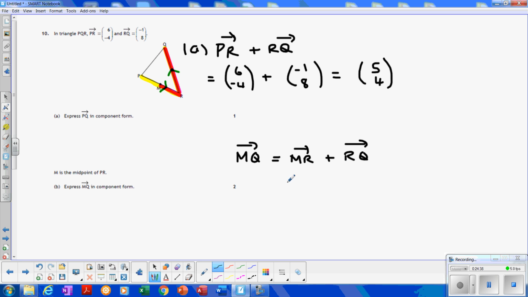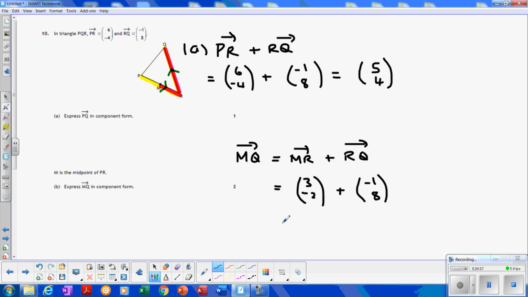Now we're going to write down the components that we know. So MR, I know that's half of PR, so it's 3, minus 2. And RQ we've got there, which is minus 1, 8.